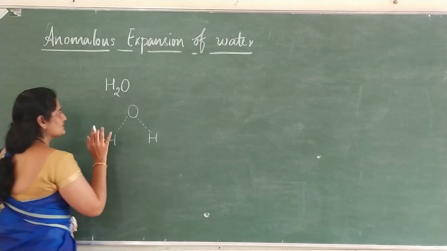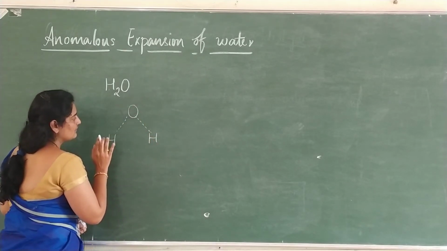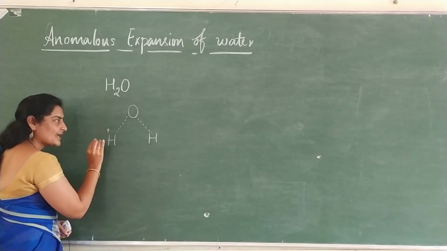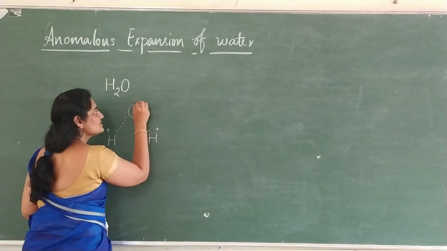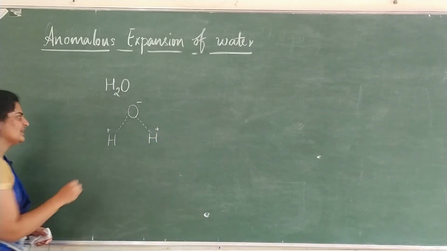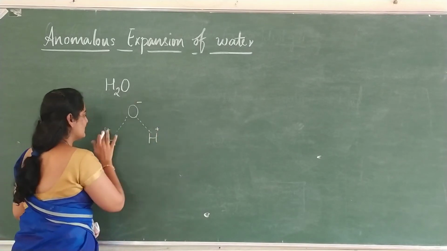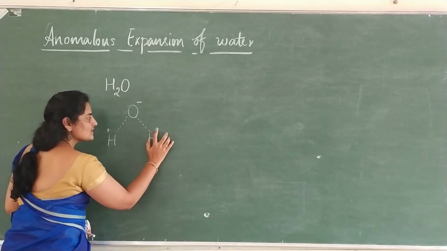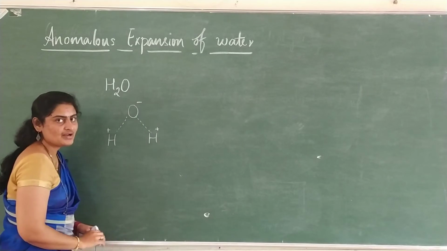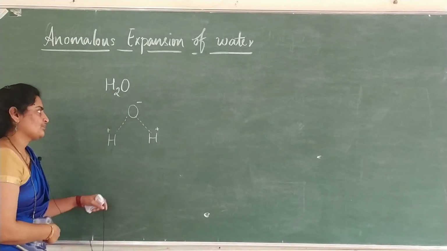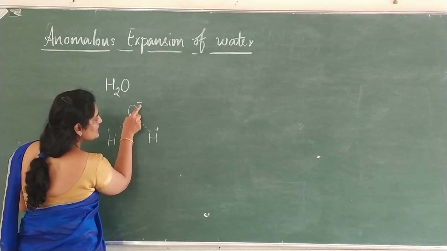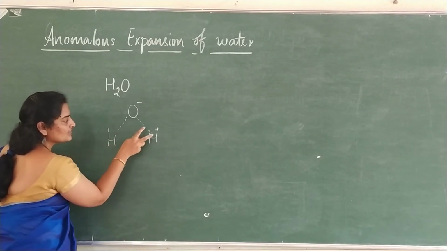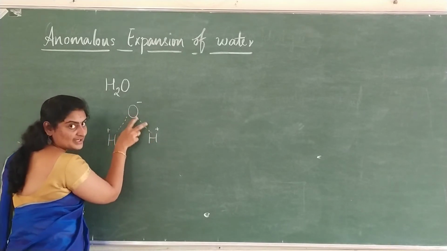This one water molecule will have this structure, and here the hydrogen atom is slightly positive and the oxygen atom is slightly negative. I can write delta plus and delta negative, right? Because these are opposite charges, here is minus charge, here is plus charge, there will be an attraction between these two atoms, right?